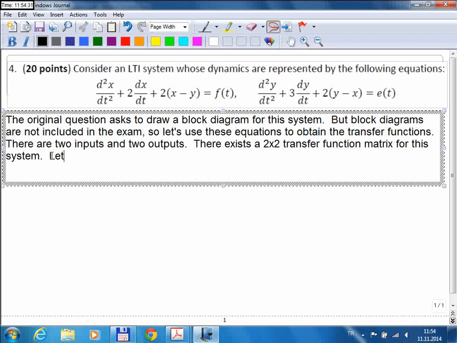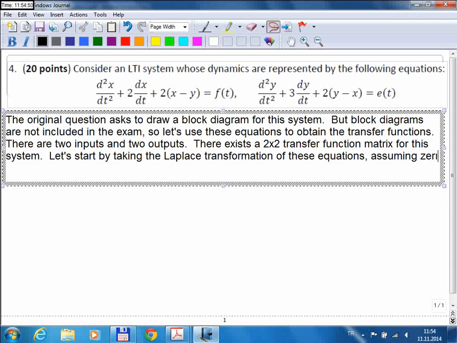Let's start by taking the Laplace transformation of these equations. This is important: when you're after a transfer function, you should assume zero initial conditions.